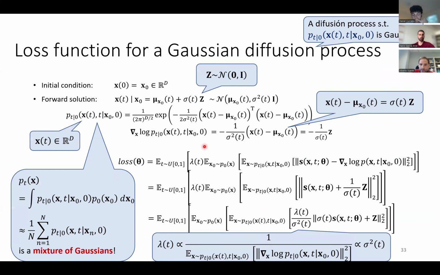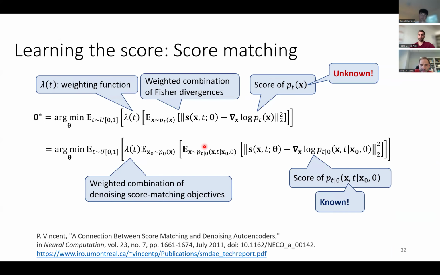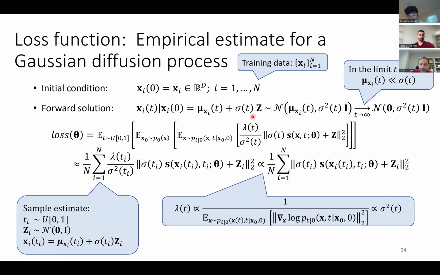If I just choose lambda t equal 1, you see that this is suppressing a lot, because sigma squared of t is increasing the noise signal for large t.